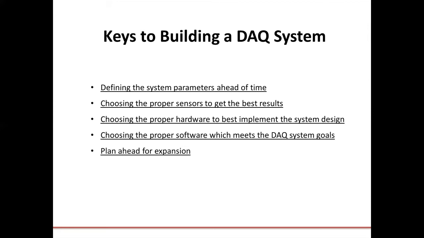Oftentimes, expandability is not planned ahead, but if you plan ahead for future expansion, you will have some ability to add on to the system as opposed to starting from scratch, which oftentimes happens if you don't plan ahead because limits are reached, hardware is misspec'd, or the processor is not fast enough, as some examples.